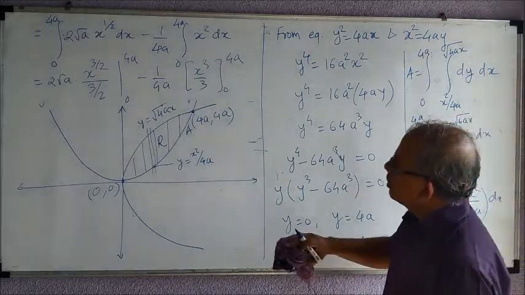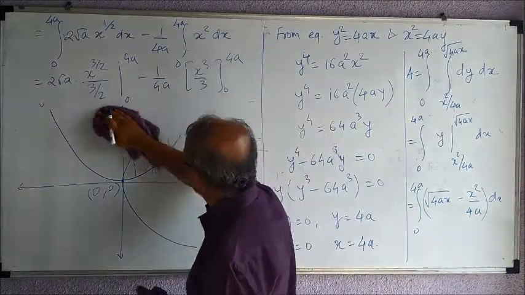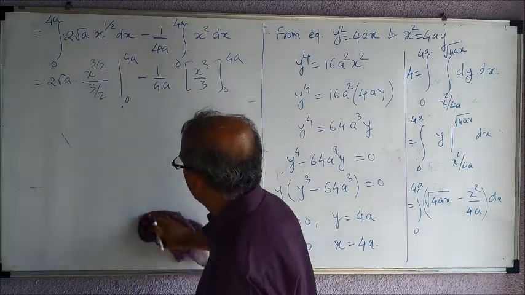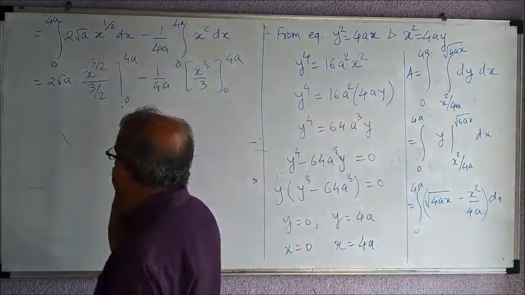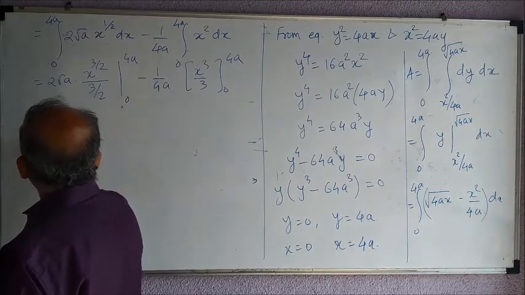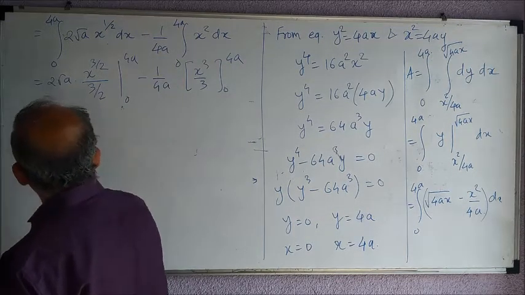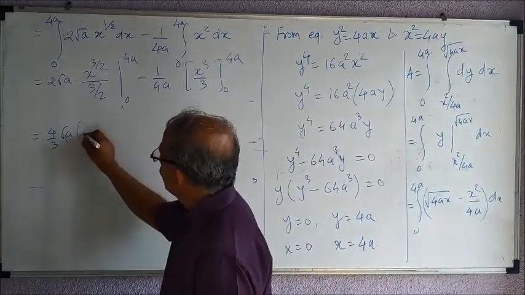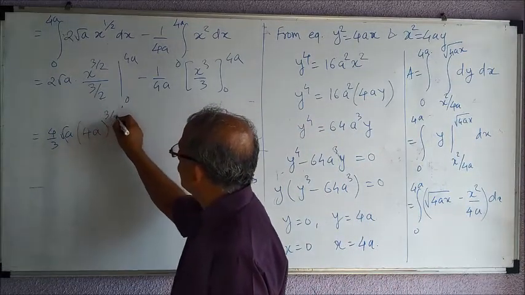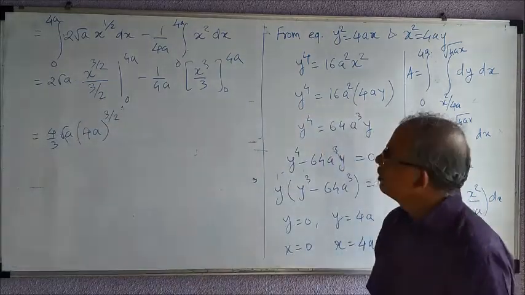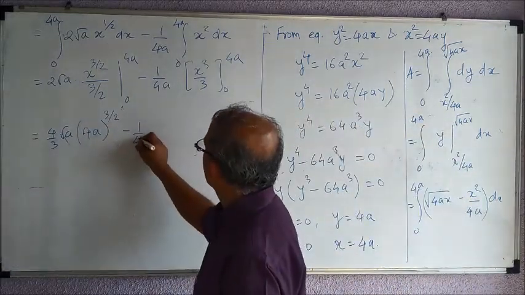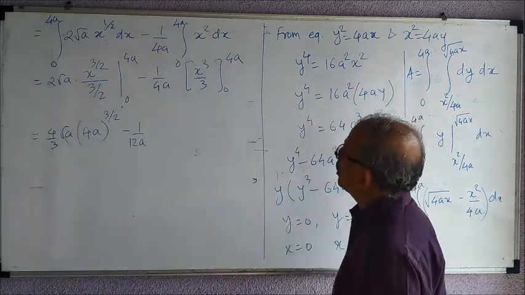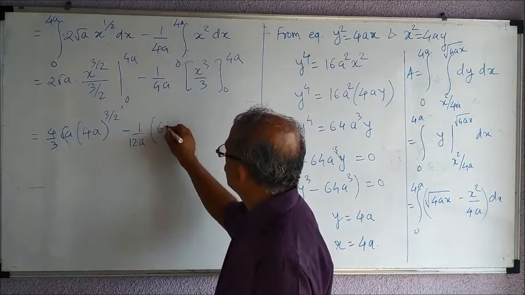So further, this is equal to 4 by 3 root a, and 4a raised to 3 by 2, minus 1 by 12a, and 4a cube, so it is 64a cube.